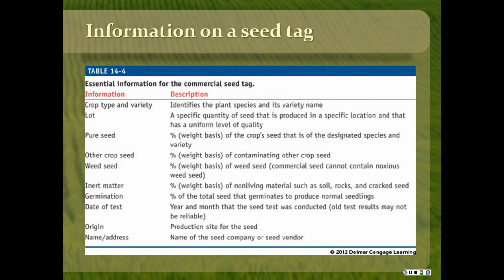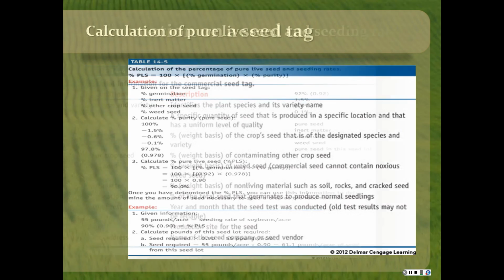And if there's any other crop seed that's contaminating it, any percentage of weed seed or other inert stuff, and then also the date that it was tested. The origin is the site where it was produced, and then the name of the seed company.